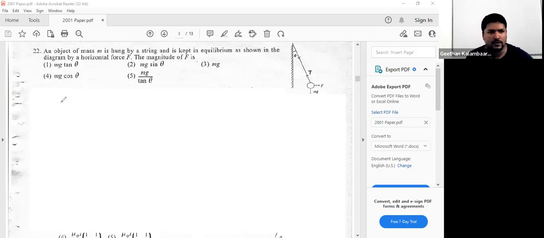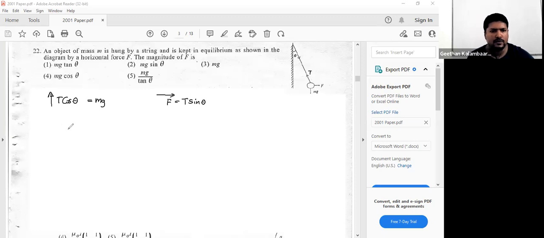Right, so what we can do is resolve the system through two directions, horizontally and vertically. When you resolve it vertically, it will be T cos theta equals mg. And when you resolve it horizontally, you'll be getting F is equal to T sin theta.